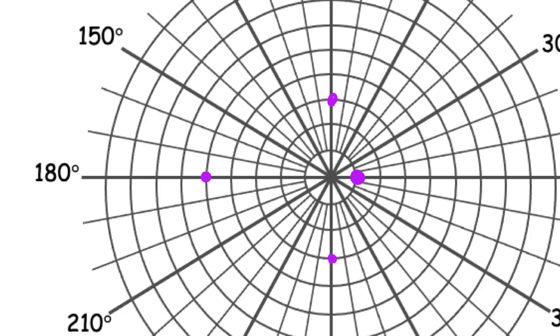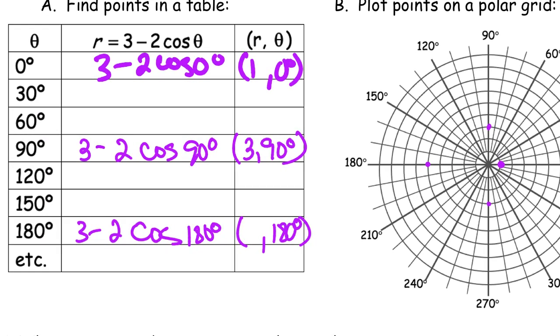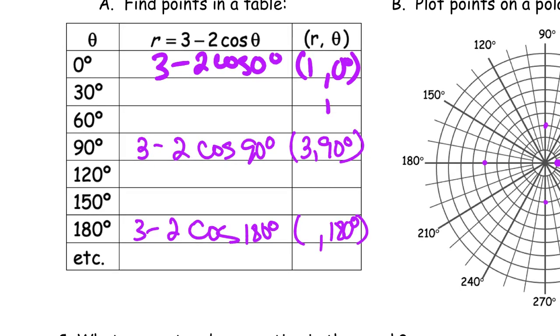We okay with that? Okay, now we have to find all the ugly ones. So we need 30, 60, 120, 150. 60 is 2. 120 is 4.